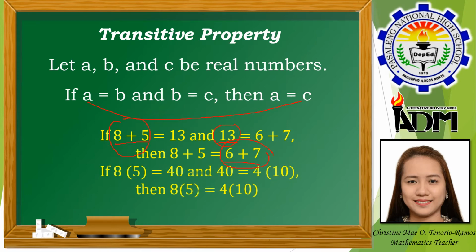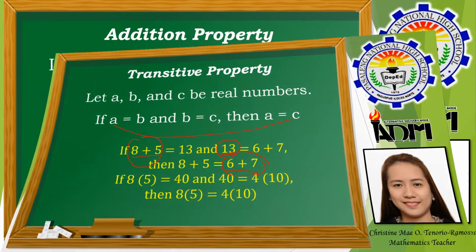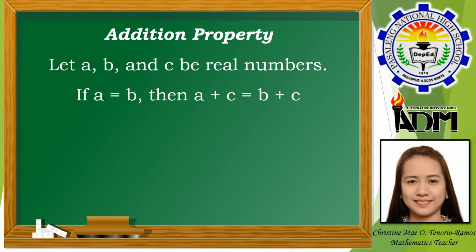Okay, next. Yan. 8 times 5, 40. And then 4 times 10 is equal to 40. Then, they are all equal to 40. Okay? Addition property. Dito naman, so pagsasama-samahin na lang natin yung addition property, subtraction, multiplication, and division property of equality.